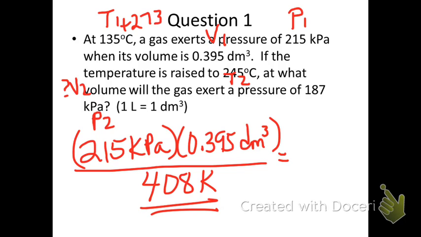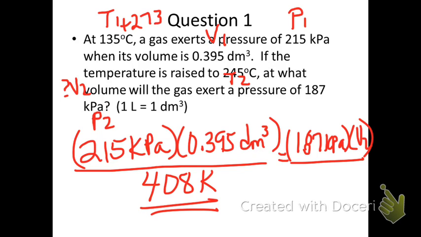Then it equals the new pressure of 187 kPa, my V2, which is unknown, and my new temperature of 245 degrees Celsius, which again I need to add 273 to, which gives me 518. All right, pause the video right now and make sure that you remember how to cross multiply. Then I'll show you how to do it if you're having trouble.